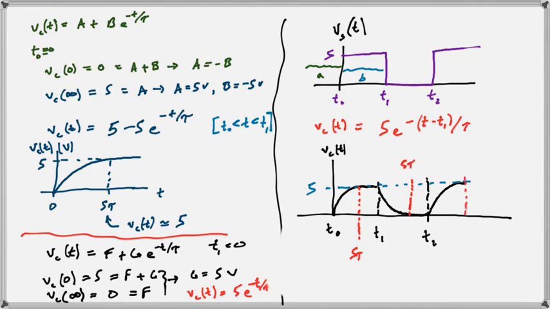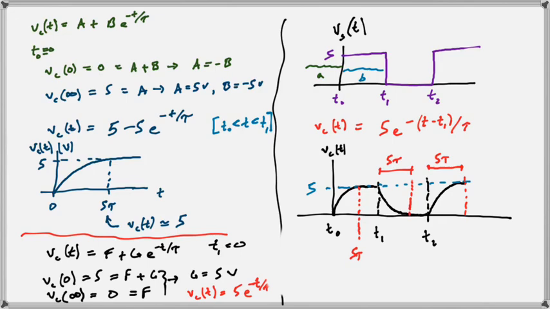And you could imagine using different values of R and C. We know that this is 5 tau, and this is 5 tau. Basically, 5 tau is the time it takes for the RC circuit to settle down, or the exponential part to decay.